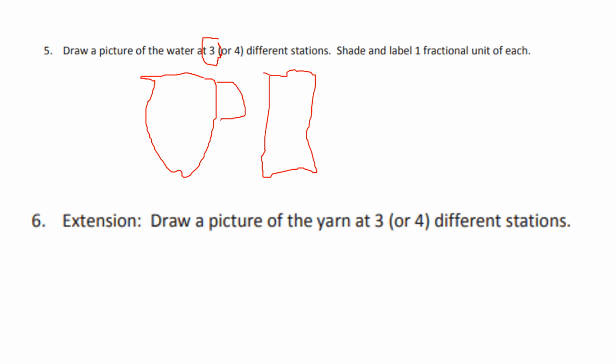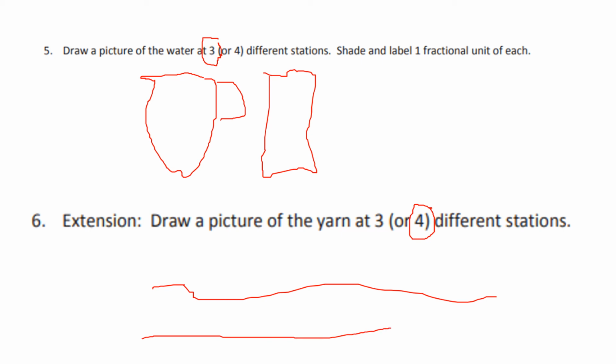That is fine. And now here it says draw a yarn at 3 or 4 different stations. What are we going to do? We're going to do the 4 again. And remember, it's yarn. Yarn looks kind of like this. So it's a nice line, but you don't want a wavy line. You want a straight line. So when you use your tools, it'll be a little bit easier on your Google Doc or if you're drawing it out by hand. So I'm going to give you some time to work on this.